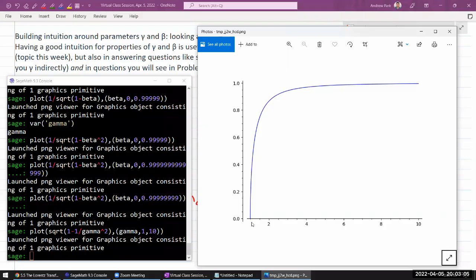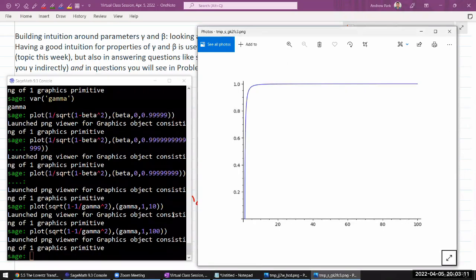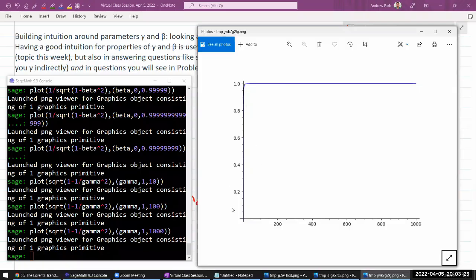In some sense this might not look all that well behaved, because as you plot bigger and bigger gamma, in comparison to that scale, this looks like a very sharp corner. So it's a sharp corner approaching a horizontal asymptote.